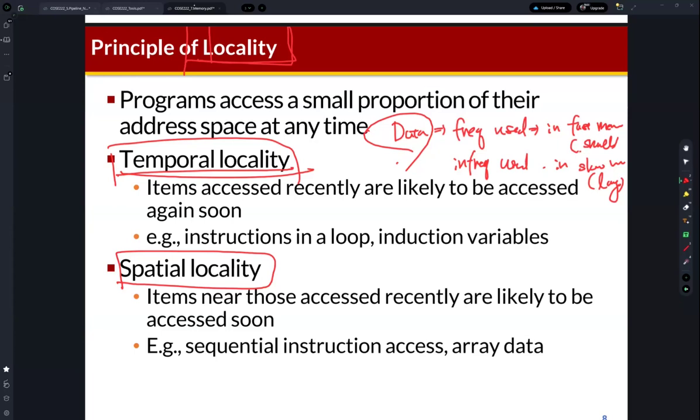Locality means that if we access a certain point, then we can measure some distance from that point, right?